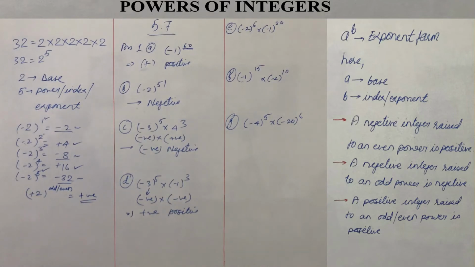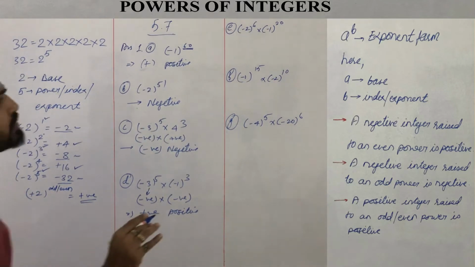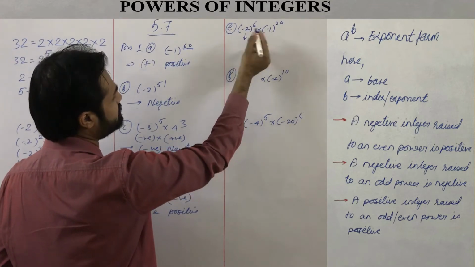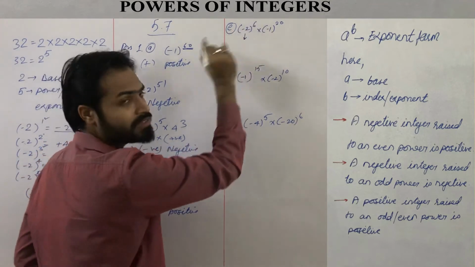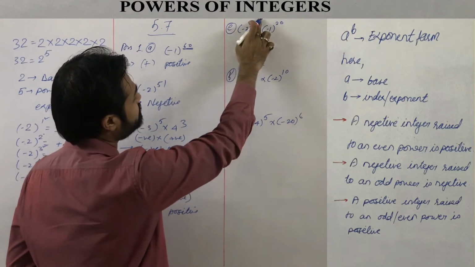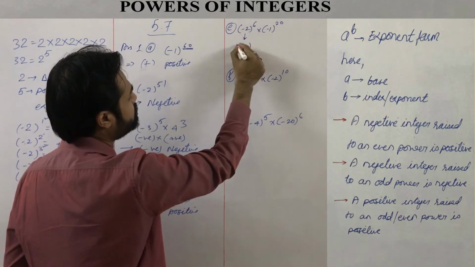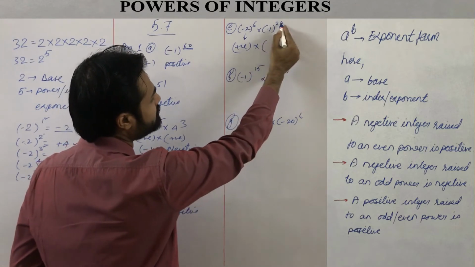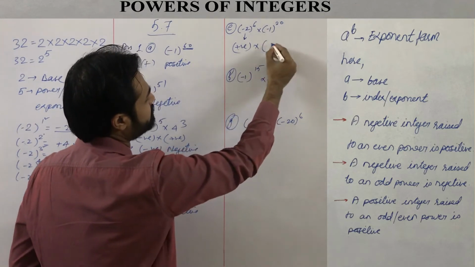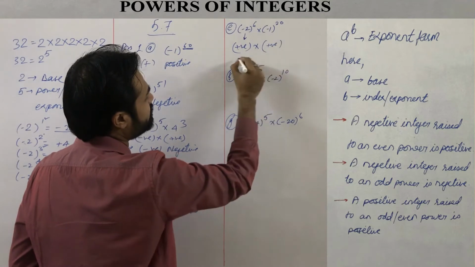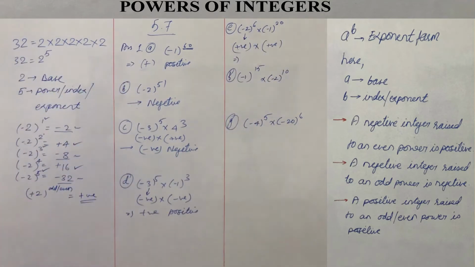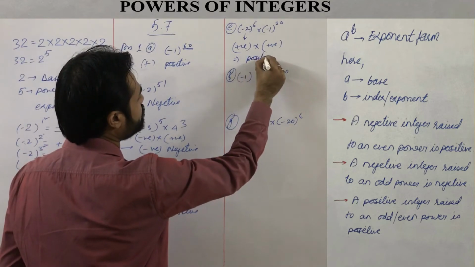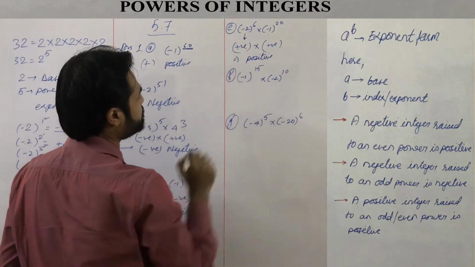Next, minus 2 to the power of 6 into minus 1 to the power of 20. So the first integer is negative, a negative integer with even power. So negative integer with even power means positive, multiplied by again a negative integer with even power, 20 is even. So again positive, and multiplication of two positive integers is always positive. So the answer is positive.